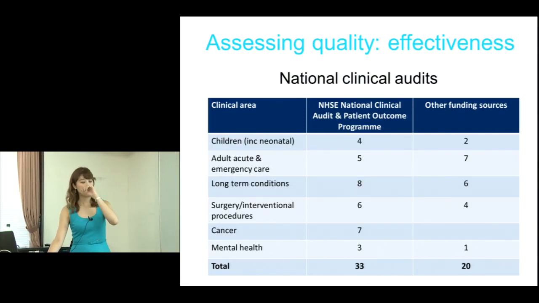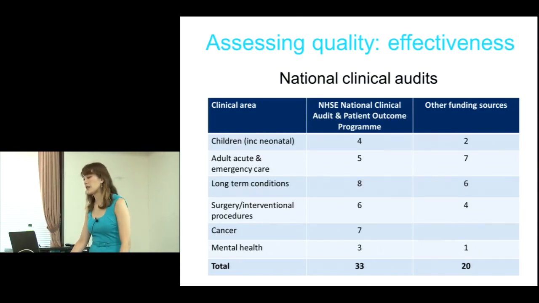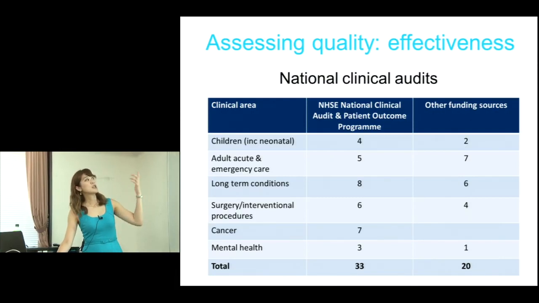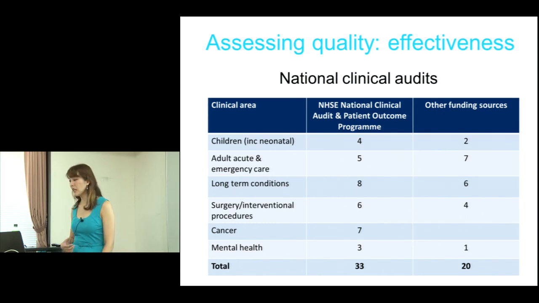So in England, it's been popular to look at effectiveness with a measure of combination of quality and outcomes with national clinical audits. And you can see that lots of high-income countries are similar to the NHS, very interested in measuring. We're in an era of accountability and assessment. So we try to measure how effective our services are. We've got lots and lots of clinical audits.